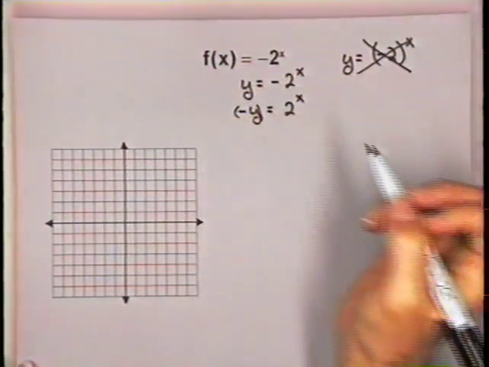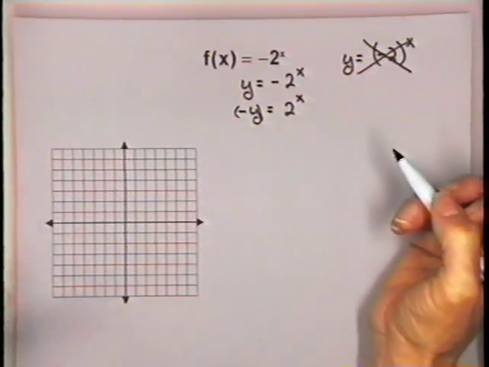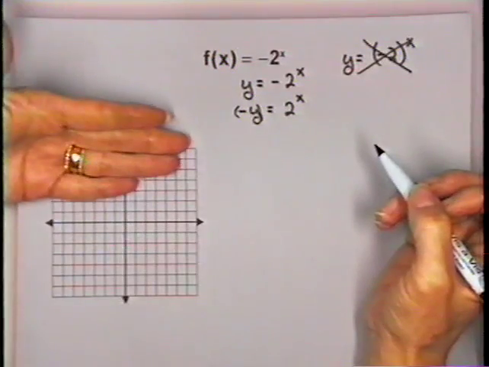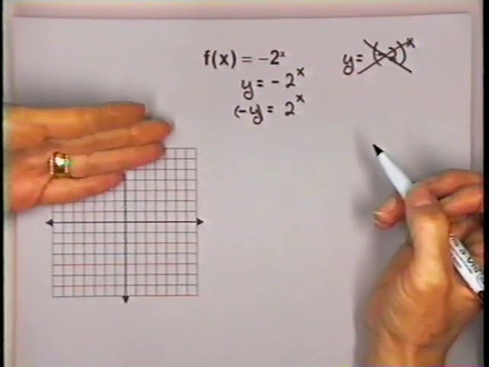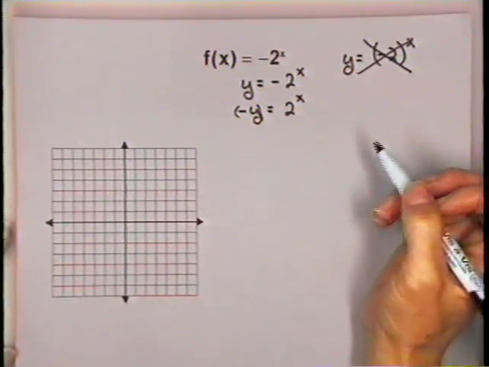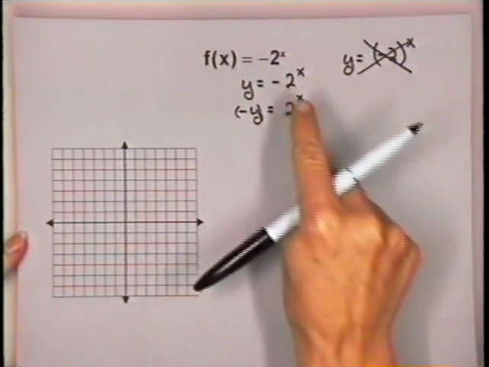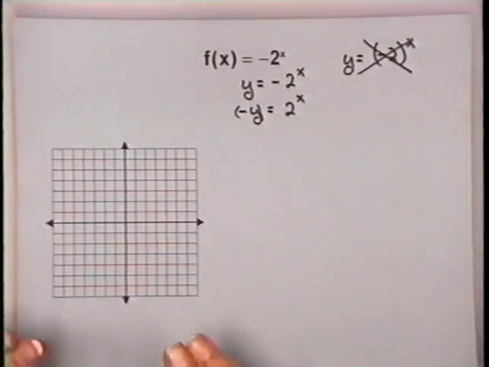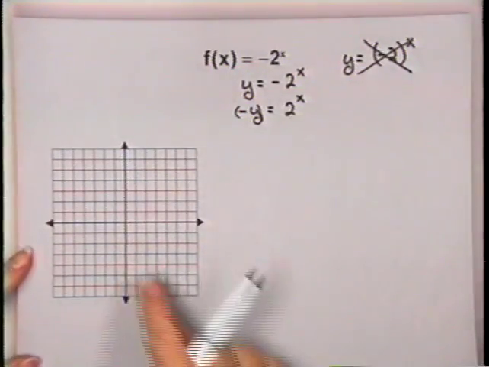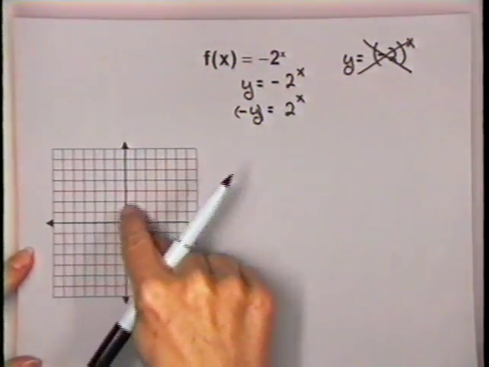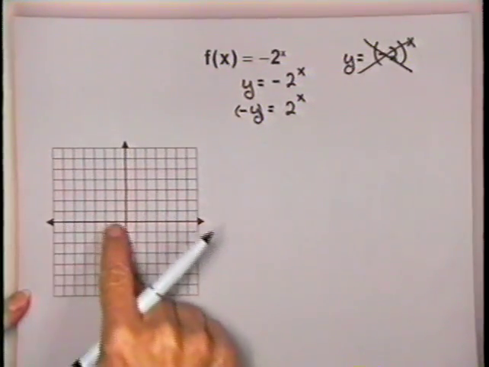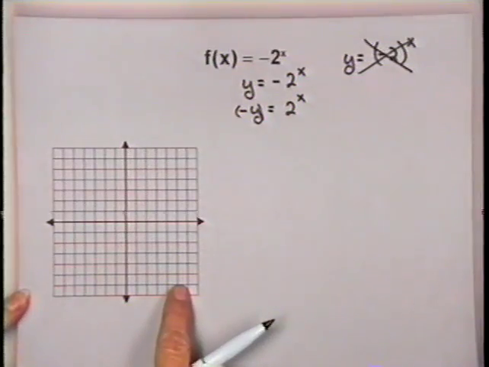If y is replaced with -y, you are reflecting over the x-axis, aren't you? So this graph should look like 2 to the x that has been reflected over the x-axis. Now my mental picture of 2 to the x is going up like this. If I flip that over the axis, it should be coming down like this.